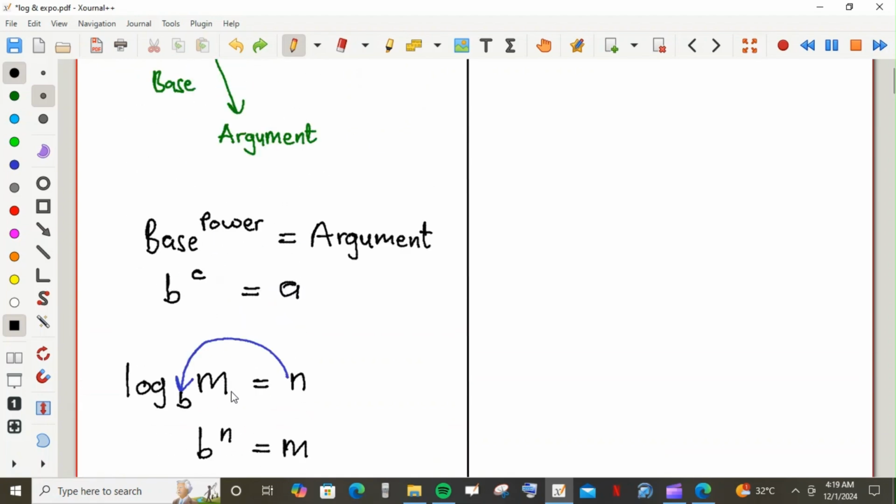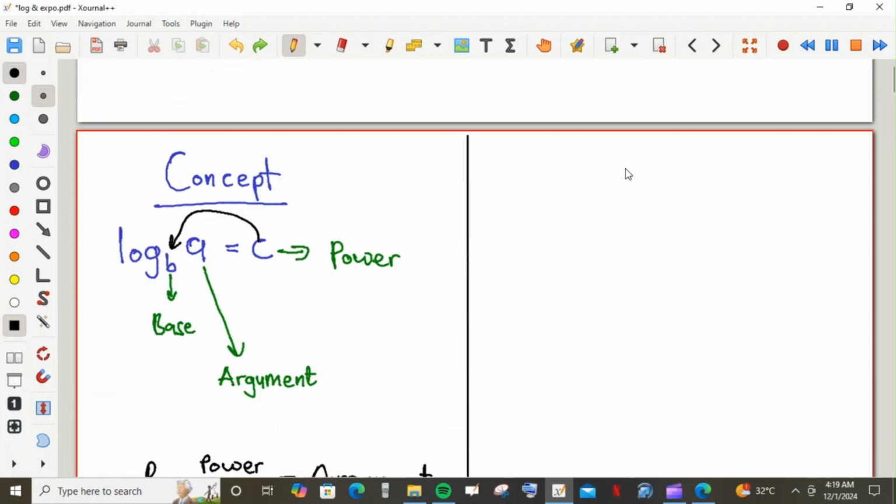All right. Now let's look at the laws of logarithm. Some books call it rules of logarithm. They are the same. Now the first one is called the product law.